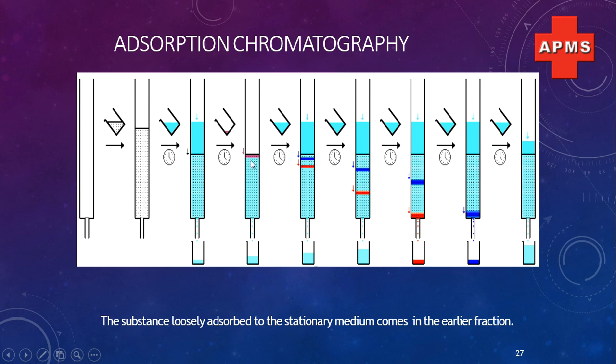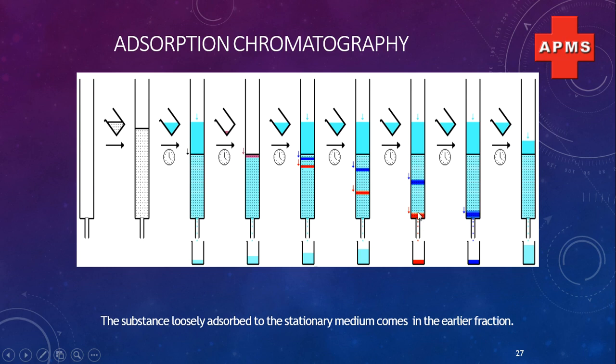Suppose this contains two components which are shown here as red color and blue color, so these are separated. The red component is moving faster, so it shows less interaction with the stationary phase, and the blue component travels slower. It means it shows more interaction or more adsorption over the stationary phase.